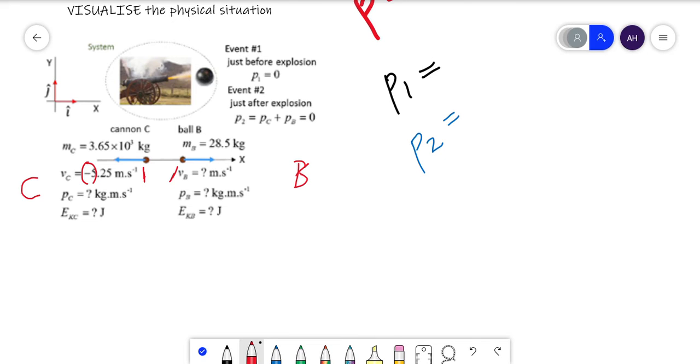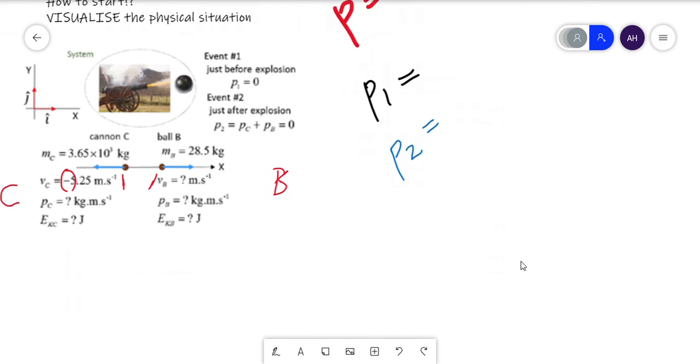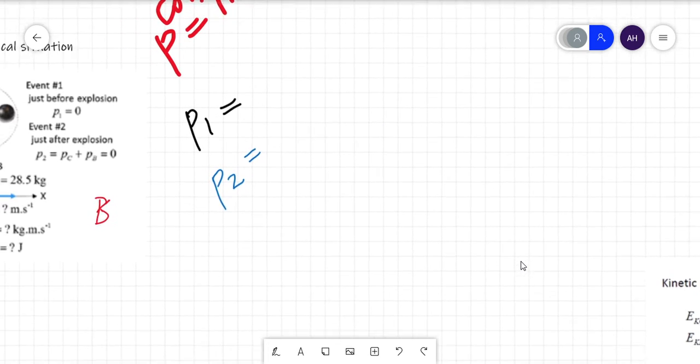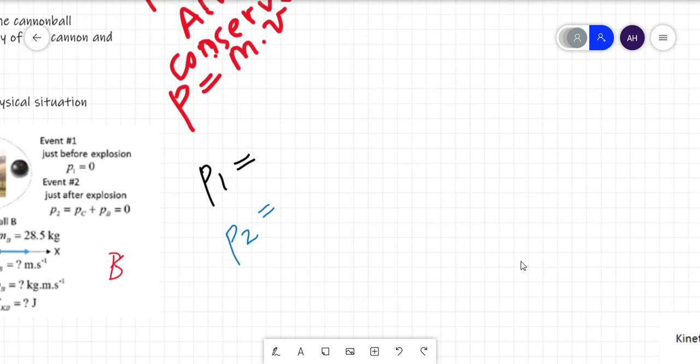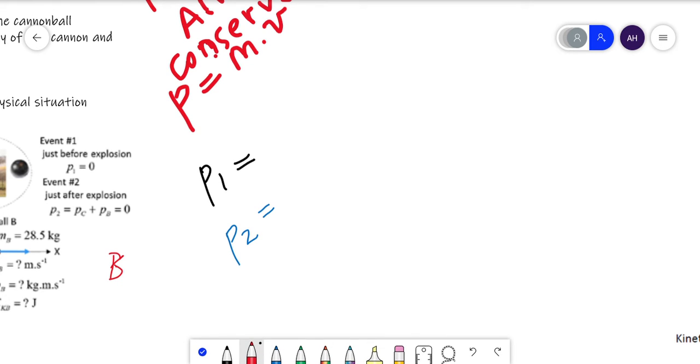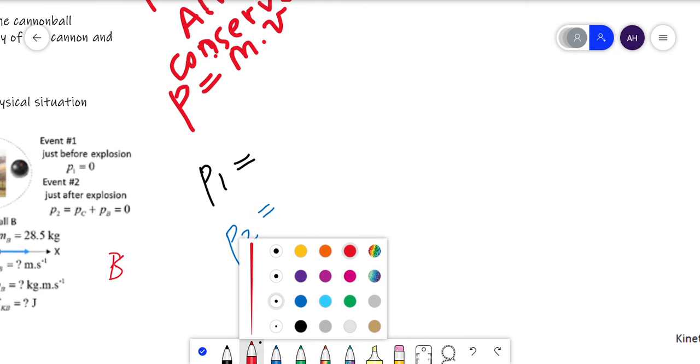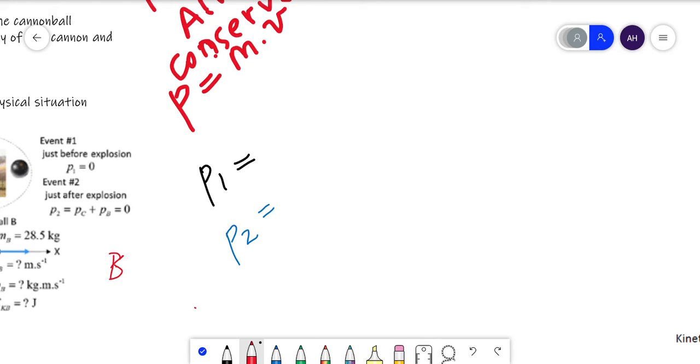Okay, so let's have a bit of a look. First of all, a helpful thing to do is to quickly sum up what we know about the momentum. We know that the momentum throughout is going to be conserved. Event 1 is just before the cannon explodes. I've got that noted down for you right there on the screen, just before the explosion, and notice that P1 is equal to 0.